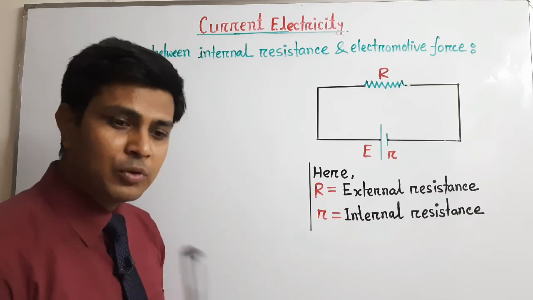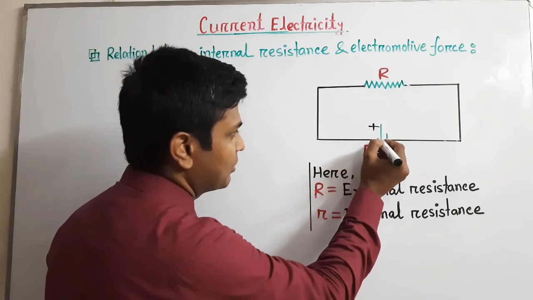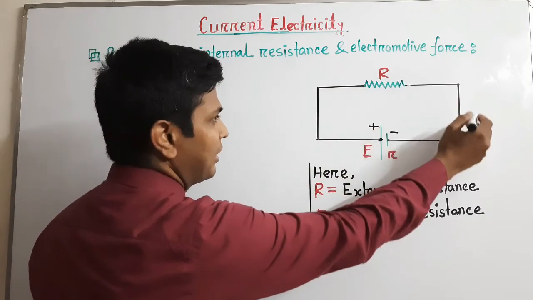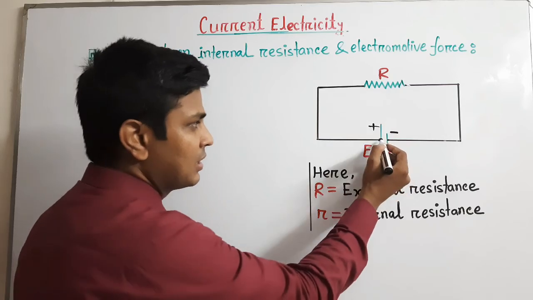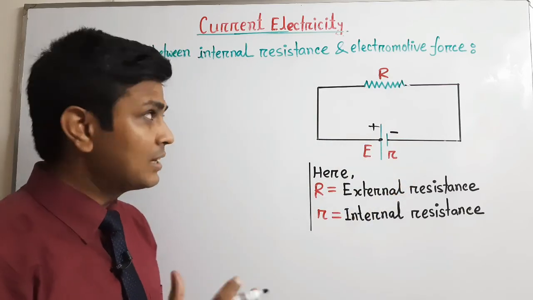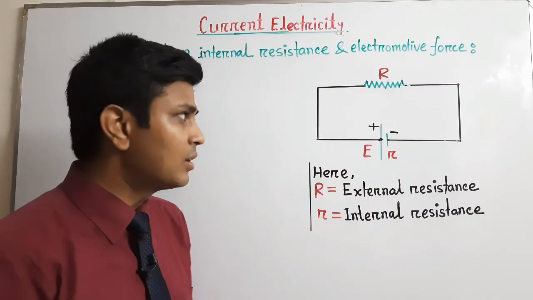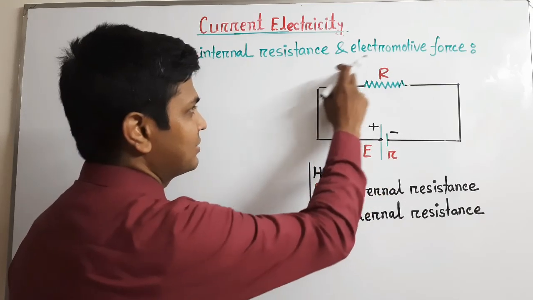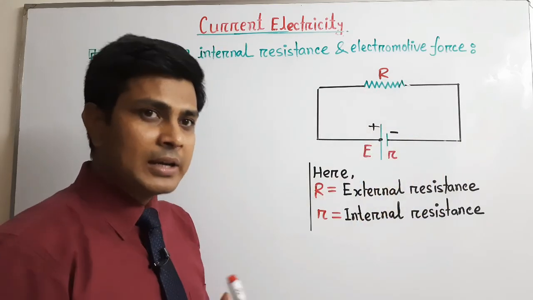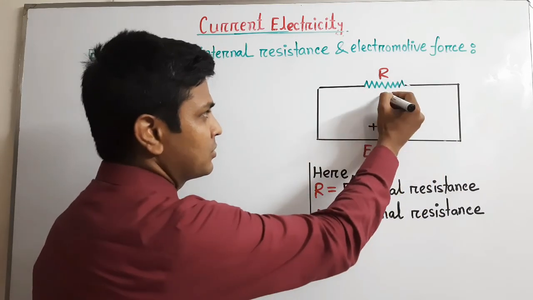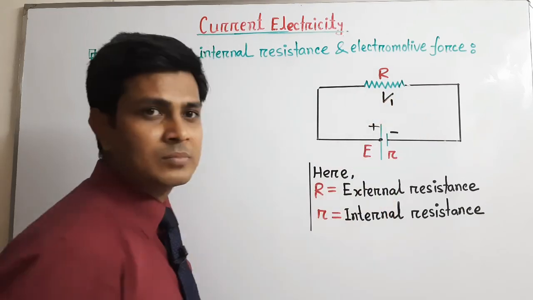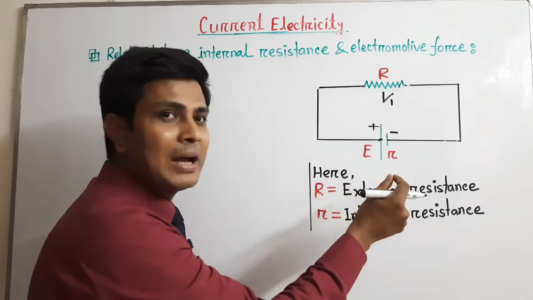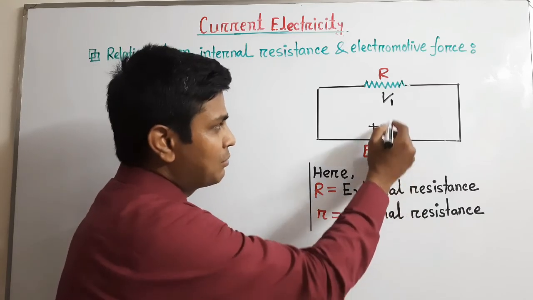Suppose we carry a unit of positive charge from the positive end of the source by traversing the whole circuit, and we again bring this positive charge back to this positive end, the work done is called electromotive force. Here we can see the work done to bring the positive charge from the positive end by traversing the circuit, again to the negative end of the source, suppose this is V1, and if you consider there is an internal resistance, then due to this we have to apply some work.